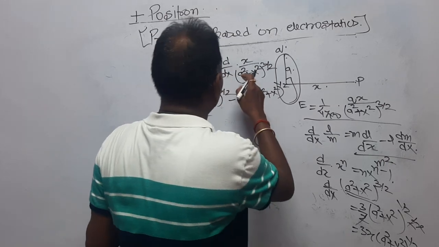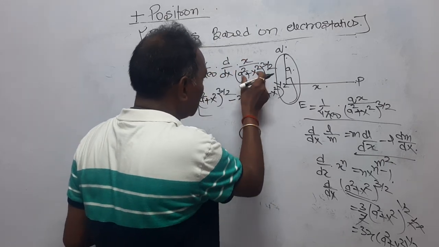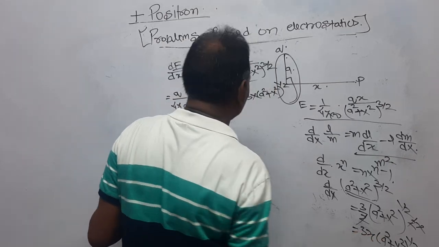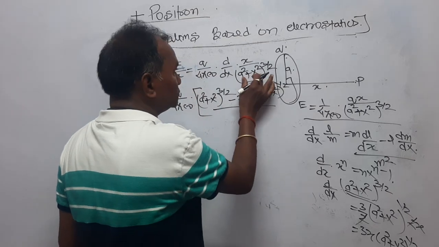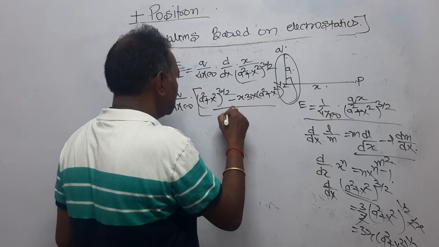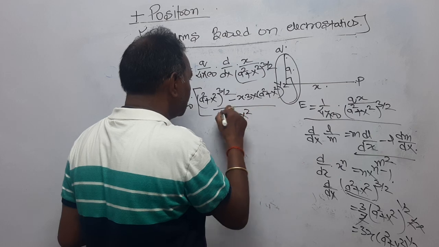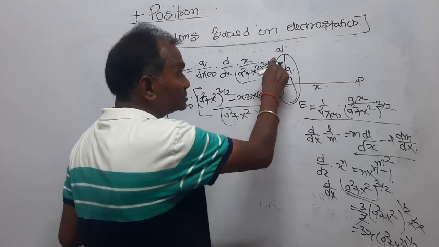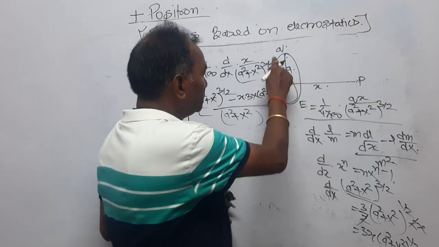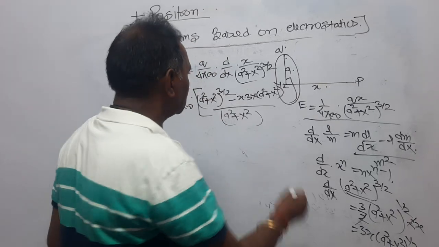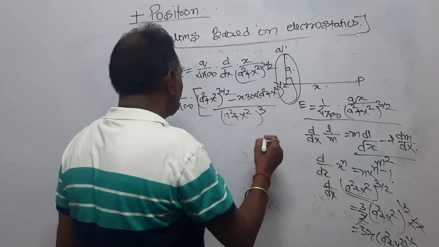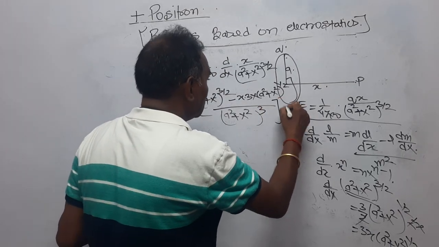Yes, we have taken x out, and differentiating this results in this. Now over the square of this, that is a square plus x square to the power 3 by 2, if you square this, the 1 by 2 cancels with the 2, so it is actually a cube, and this turns out to be 0.